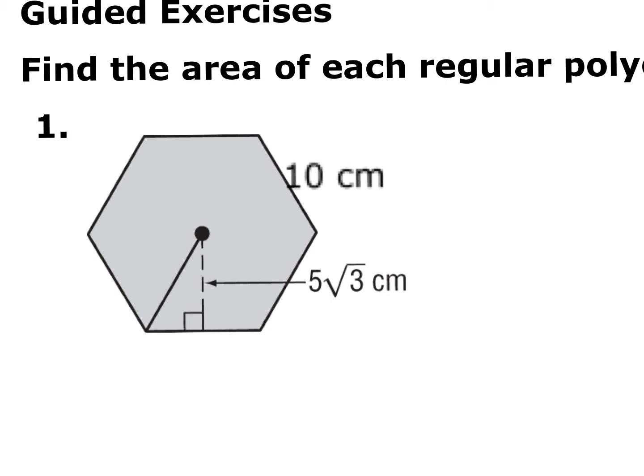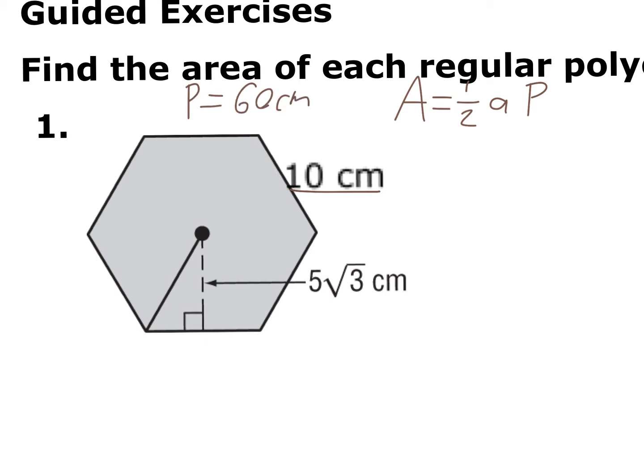The equation for our area is 1/2 times the apothem times the perimeter. We have a side, and we have a 1, 2, 3, 4, 5, 6-sided figure. Therefore, our perimeter must be 60 centimeters. So perimeter equals 60 centimeters.